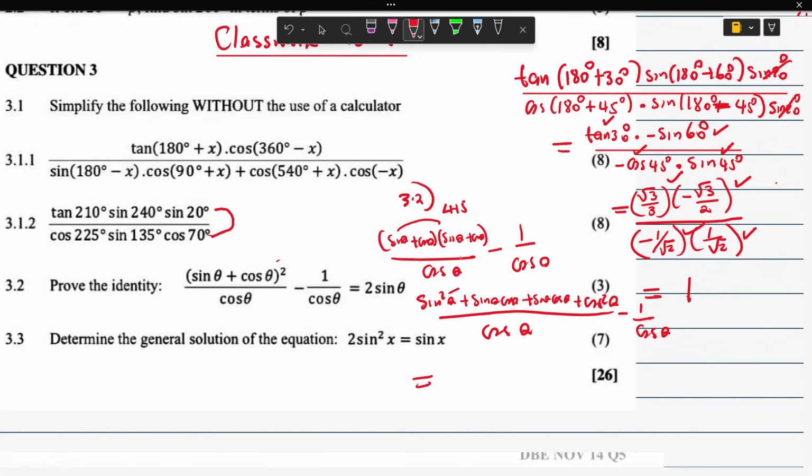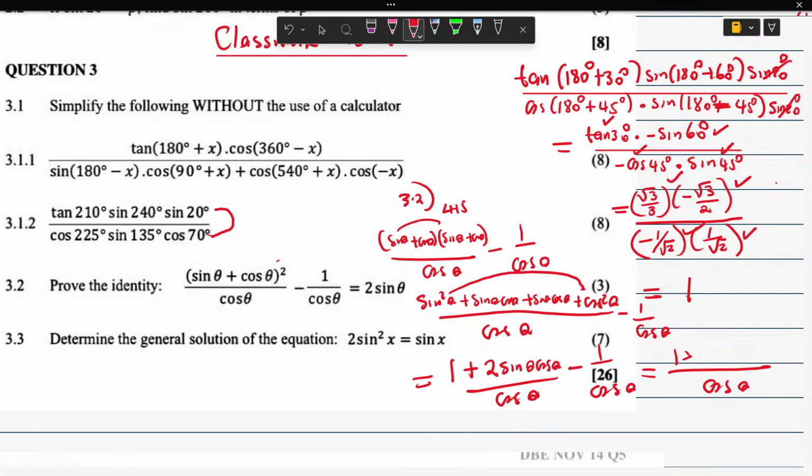Now, dear learners, sine squared and cos squared is 1. The other one is 2 sine theta cos theta over cos theta, minus 1 over cos theta. Since the denominators are the same, you keep only one denominator, which is cos theta.